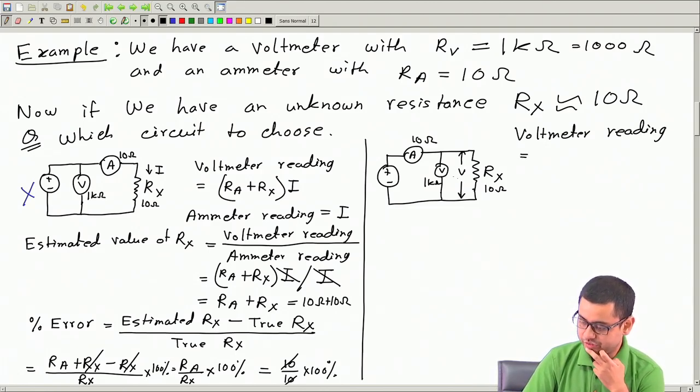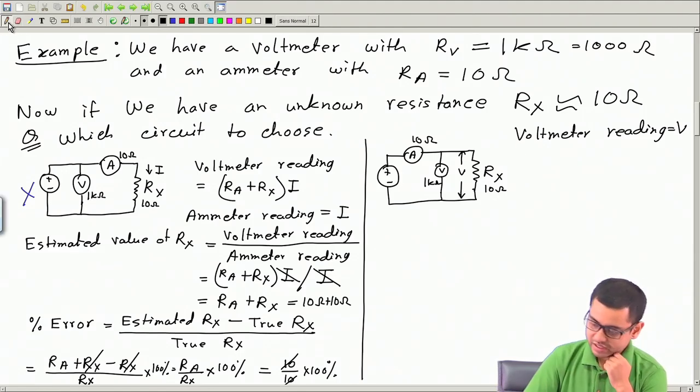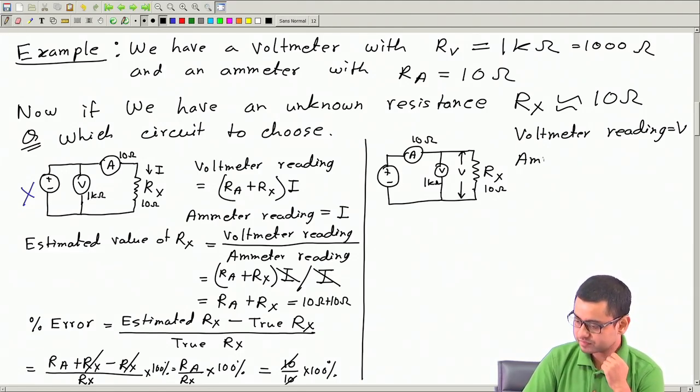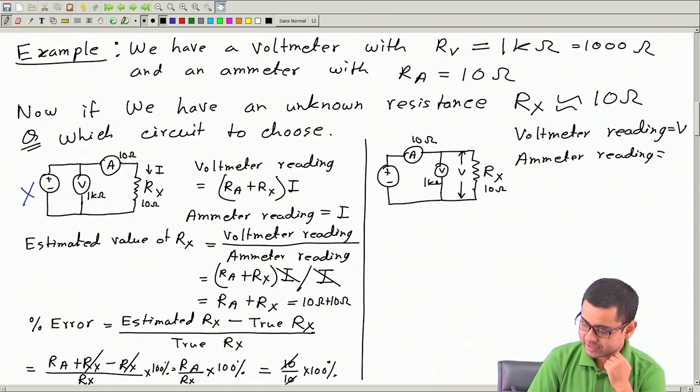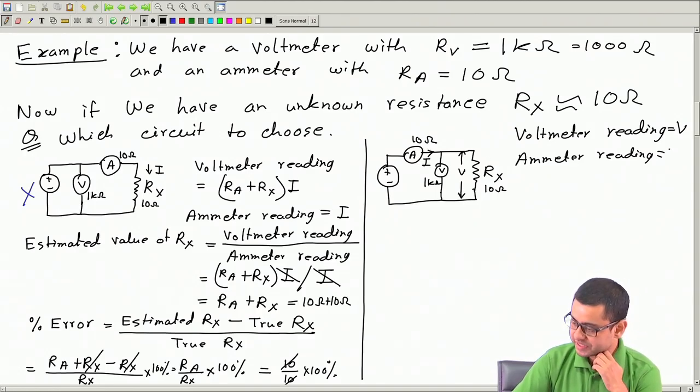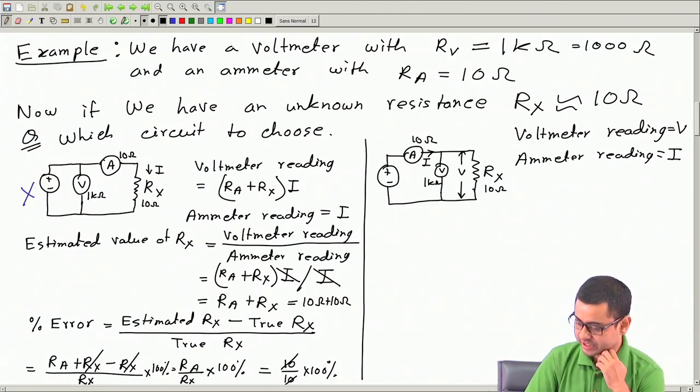So this will definitely be V, because it's directly across this voltage. So this will be V. Okay, and what will be the ammeter reading? The ammeter reading will be the same as the current that flows here through the ammeter, call it I. Okay, so this will be the same as I, whatever this current is.